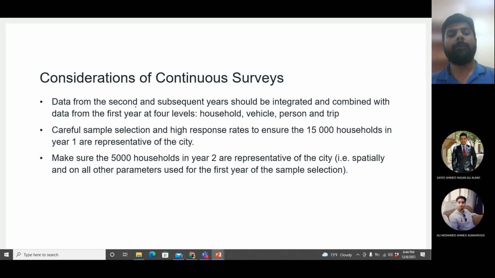Then you have to make sure that the data in year 2 and the subsequent years is also representative of the city. So each year the data should be collected representative of the city or of the area. And then there should be some consistency between one year and the other years as well.